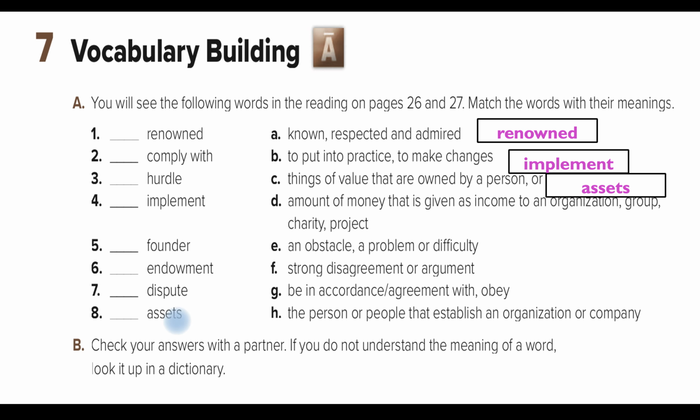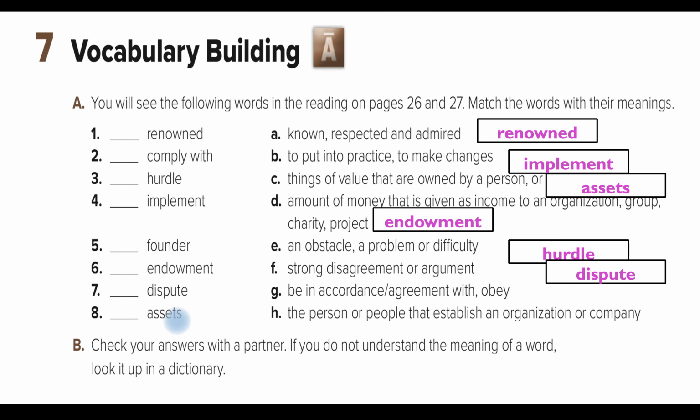The amount of money that is given as an income to an organization or a group or a charity or a project is what is called endowment. An obstacle, a problem, or a difficulty is a hurdle. A strong disagreement or argument is a dispute. To be in agreement with or obey is to comply with.